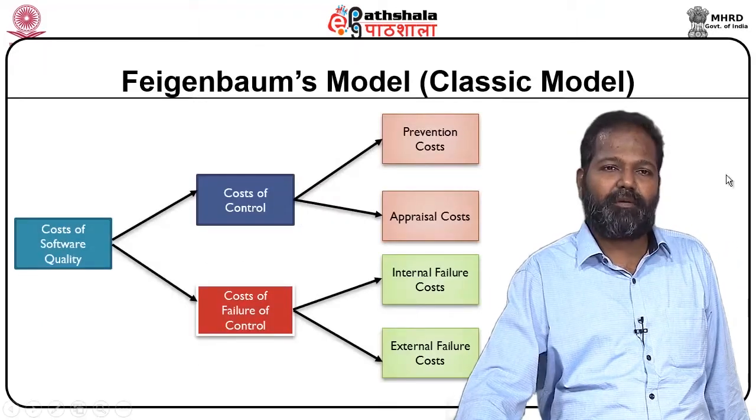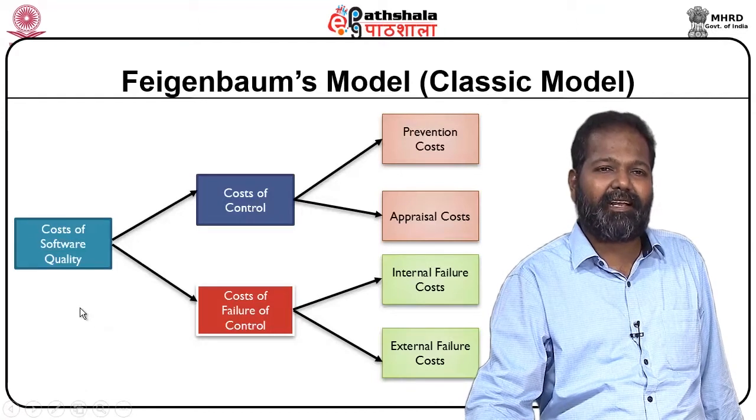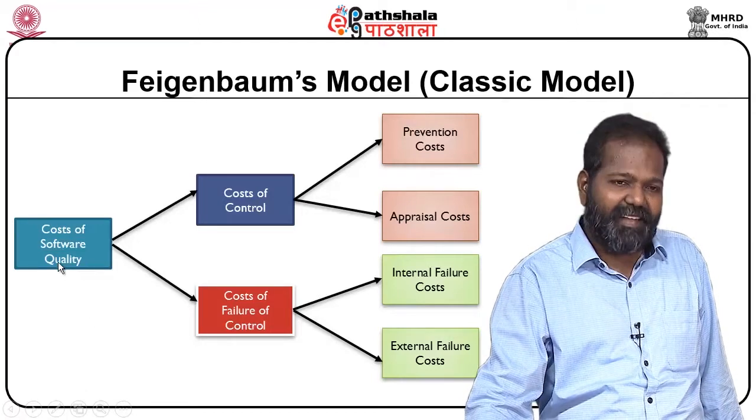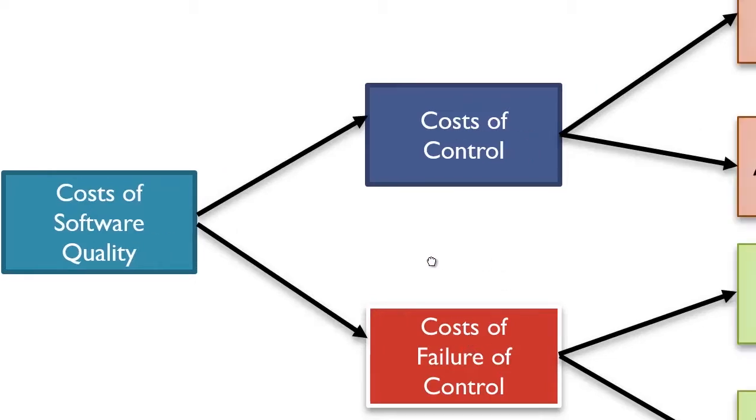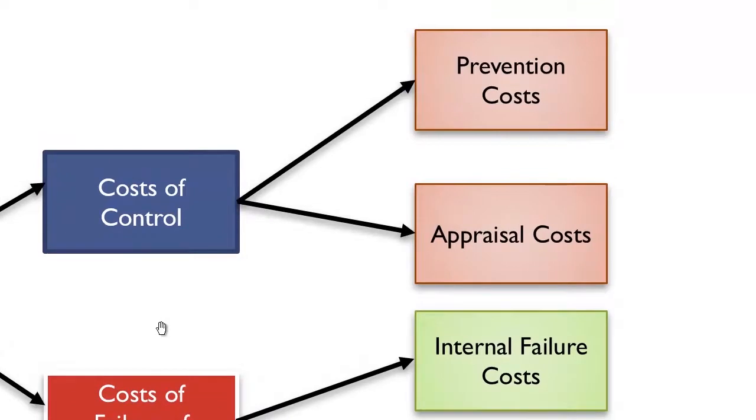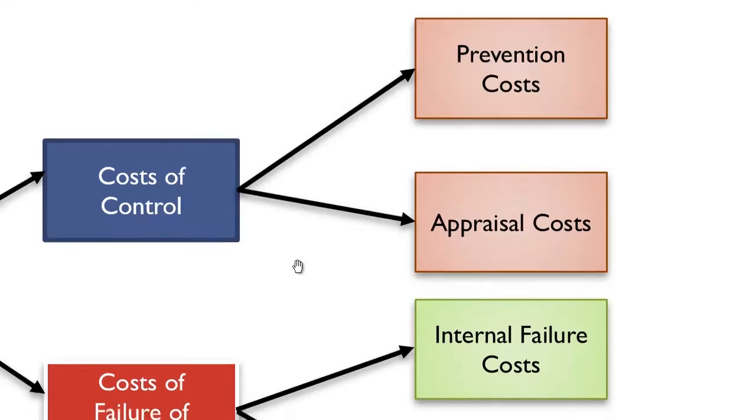Here we are able to see the diagrammatic illustration of the classic model: costs of software quality, costs of control, costs of failure of control. When you come into costs of control, we have prevention costs and appraisal costs.